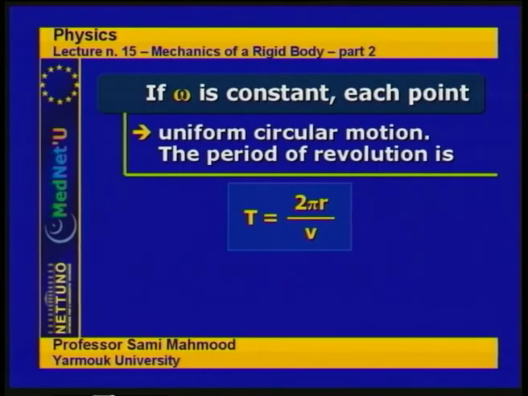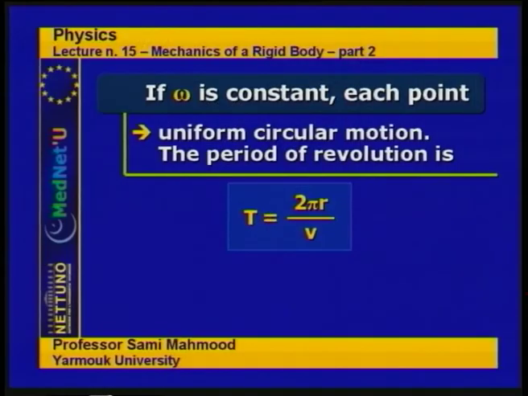And that time, which is called the period, can be evaluated from the linear distance traveled as the particle revolves around a full circle, divided by its speed.